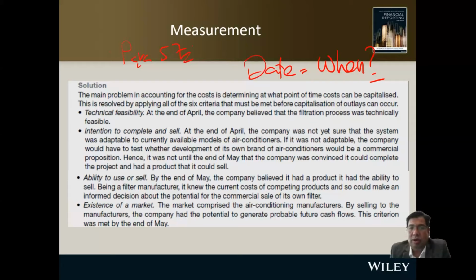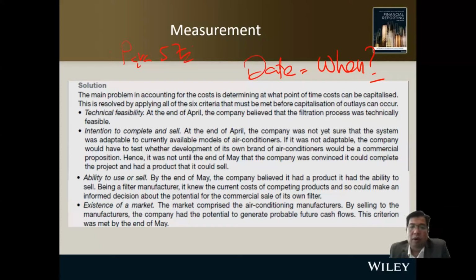If it was non-adaptable, the company would have to test whether development of its own brand of AC would be a commercial proposition. So this is the next phase.